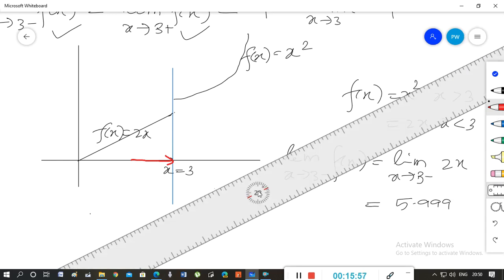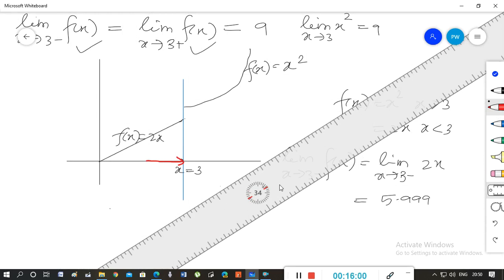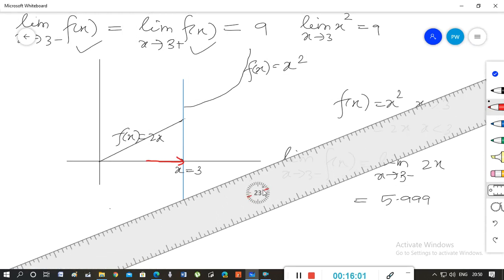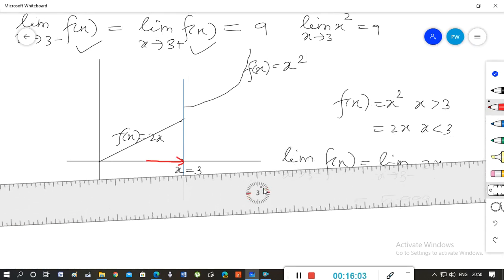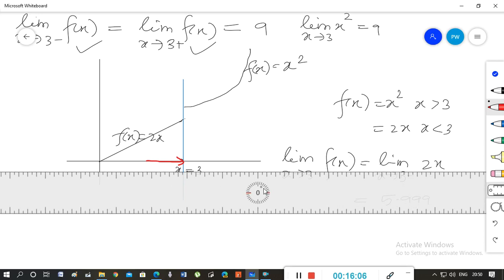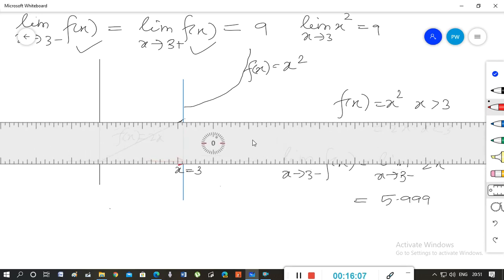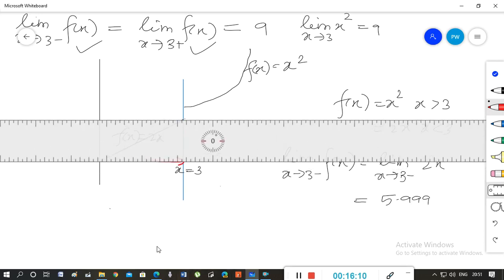So x approaches towards 3 from the left hand side, and f of x approaches towards 6 from the lower level, which can be shown like this. Of course, the graph is not accurately calibrated. I'm not concerned with much of the scaling.